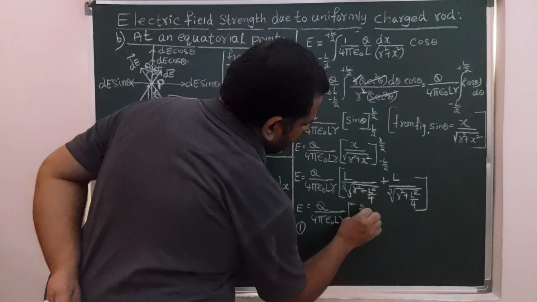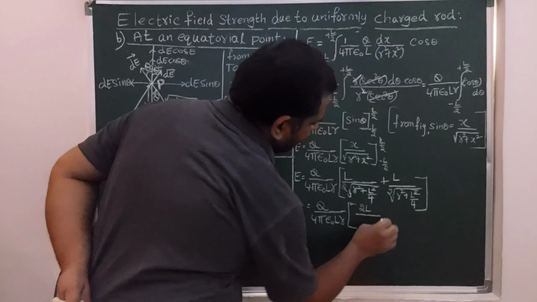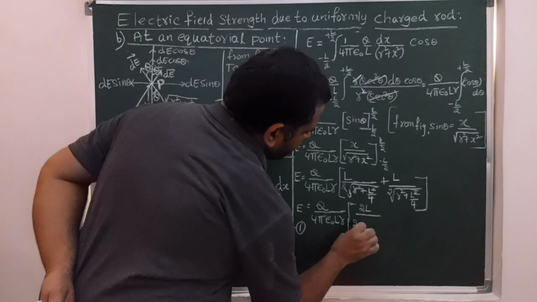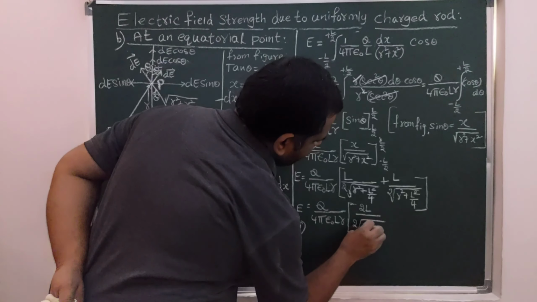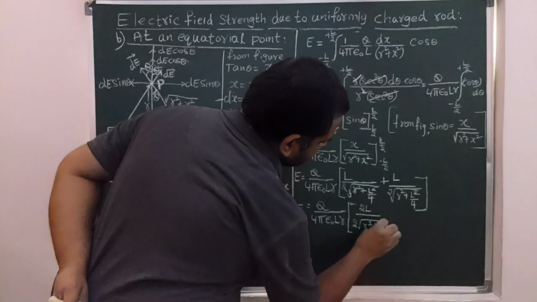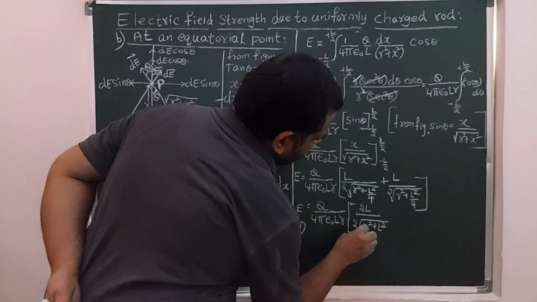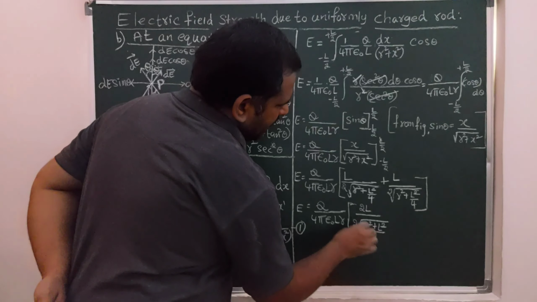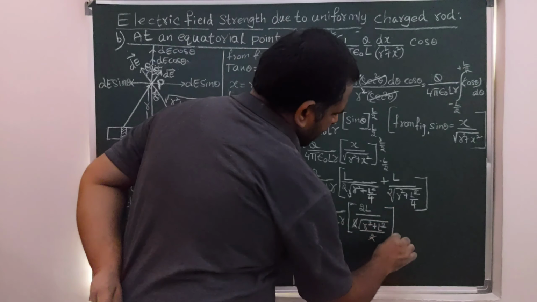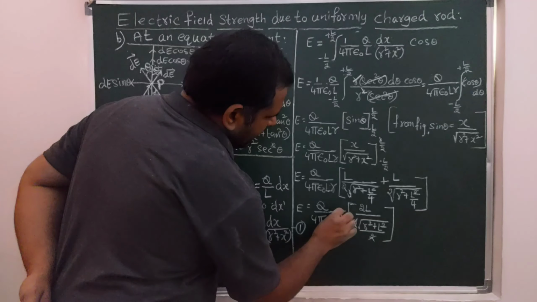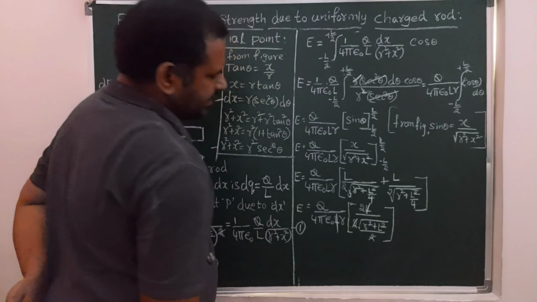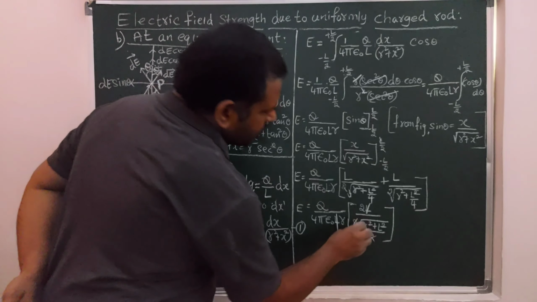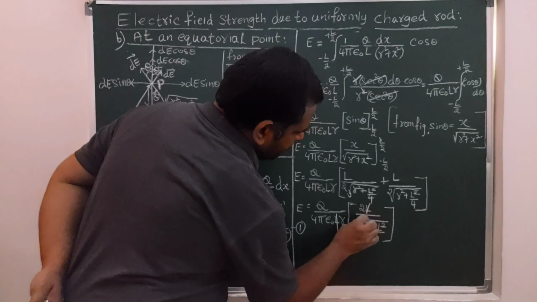So 2L in the numerator, divided by the LCM, 2 into under root r square plus L square by 4. If you write the 4 outside the root, it becomes 2. So this 2 gets cancelled, and this L also gets cancelled. So this becomes 4r square.